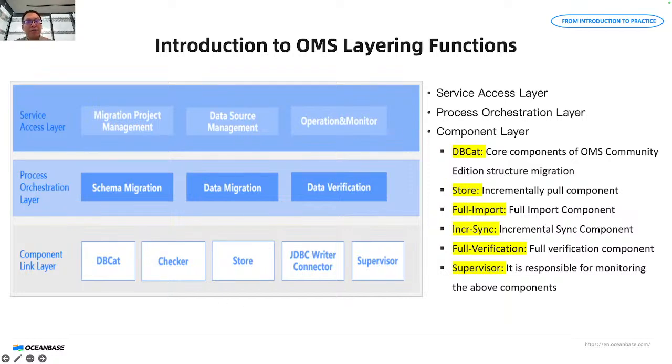Next is the introduction of the OMS layer functions. First of all, the top layer is the service access layer. It includes migration project management, data source management, and operation monitoring. The process orchestration layer is mainly responsible for the implementation of table structure migration, ensuring full data migration, incremental data migration, data verification and correction, and link switching tasks.